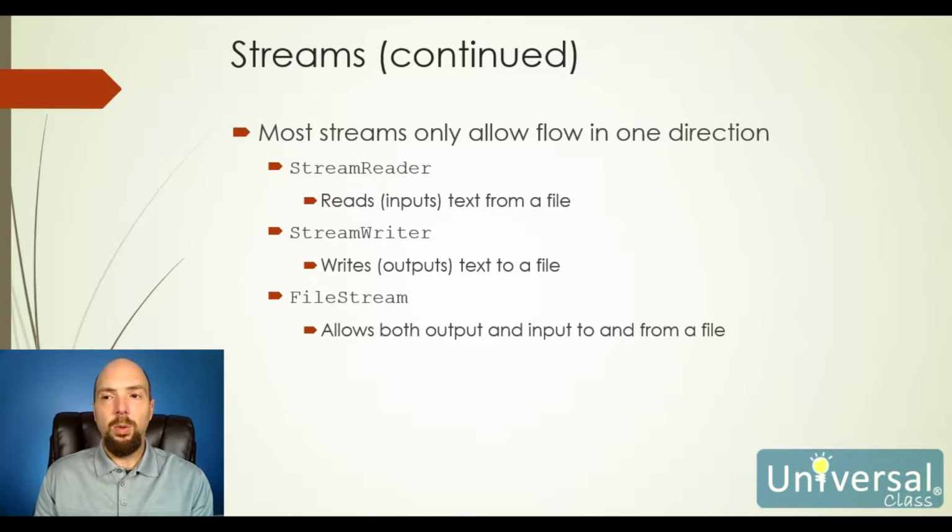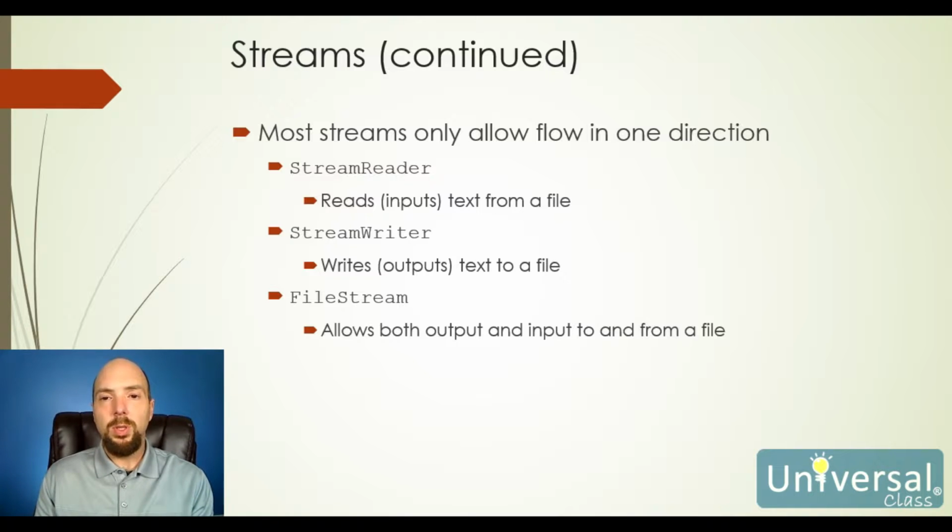Streams usually only allow flow in one direction. So if I'm typing something in a text editor, I want to save it, I'm going to use something that will write whatever I've typed on the screen to a file. If I have a file on the hard drive and I want to open it up, I need something that will read the contents of the file and bring that into my program.